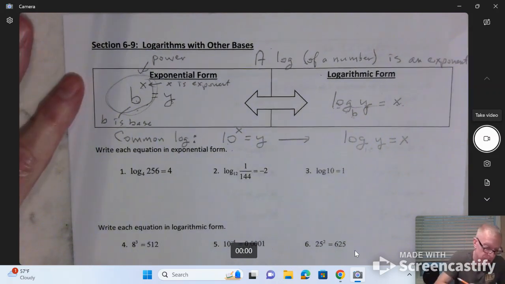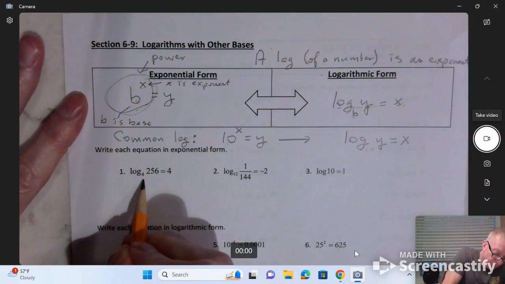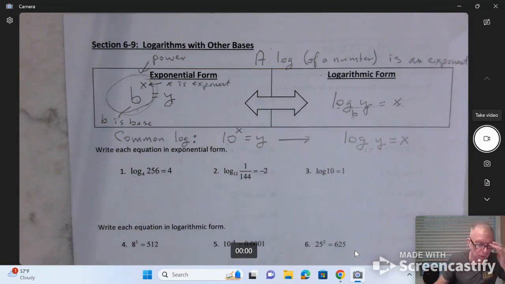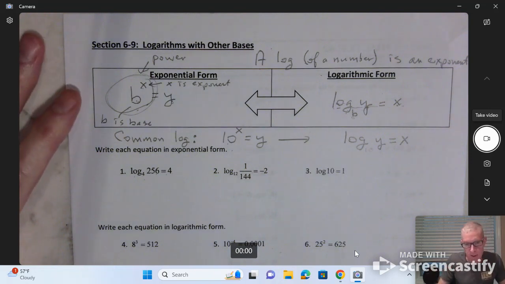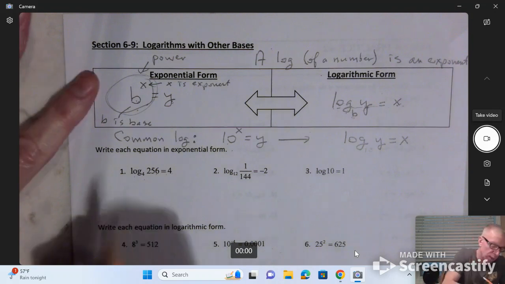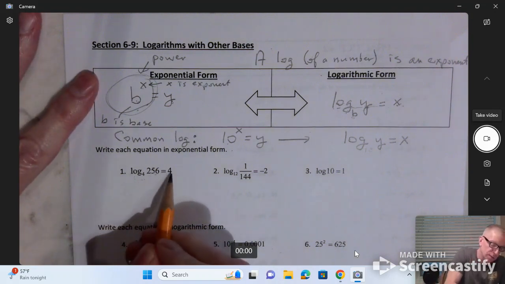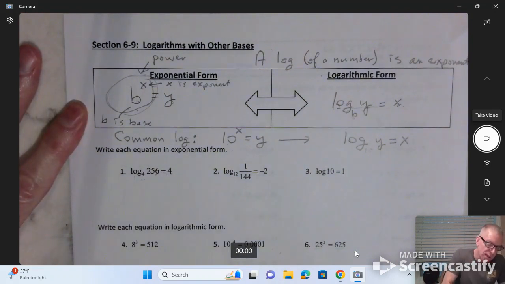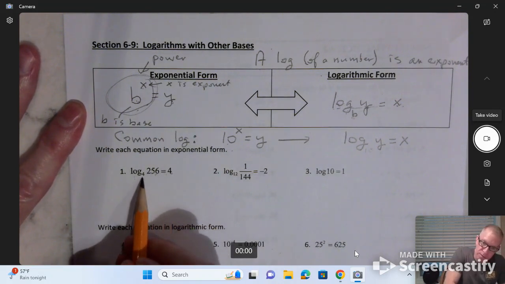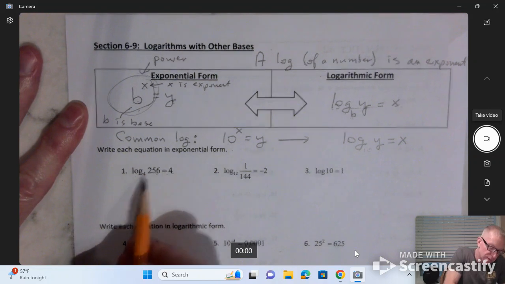This now is just notation. Log base 4 of 256 equals 4. So I'm going to keep saying it the way that you say a log, because it's really important to understand how you're saying it so that you can understand what you're doing. It's log base 4 of 256 equals 4. So the log is the exponent. 4 is the exponent I would have to put on this base over here to get the number 256.